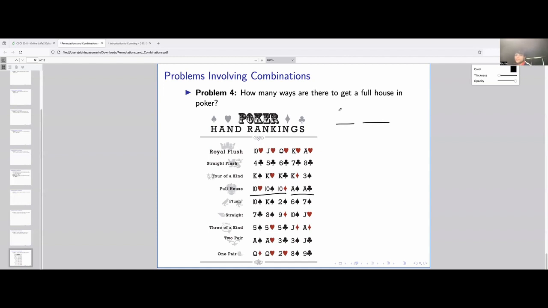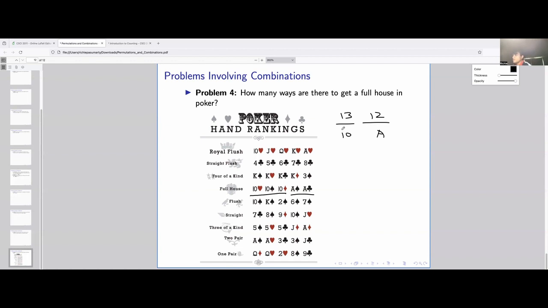Let's say I choose a 10, and there are 13 ways I could have gotten that. The second card could be an ace, and there are 12 different ways I could have chosen that. It doesn't have to be an ace; it could be any of the other ranks besides a 10.